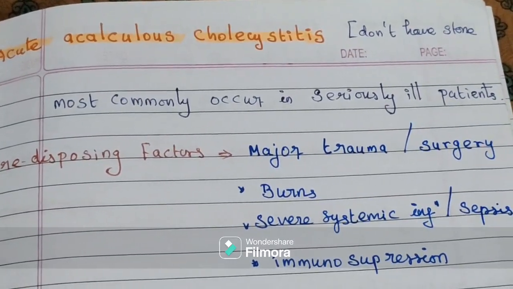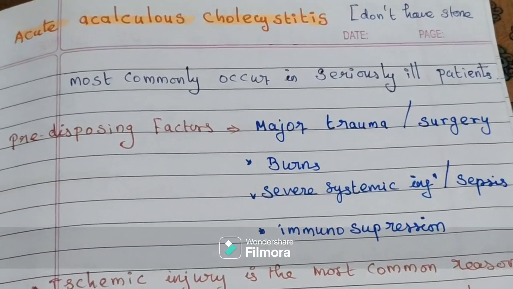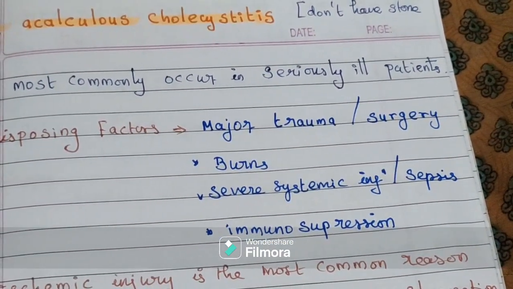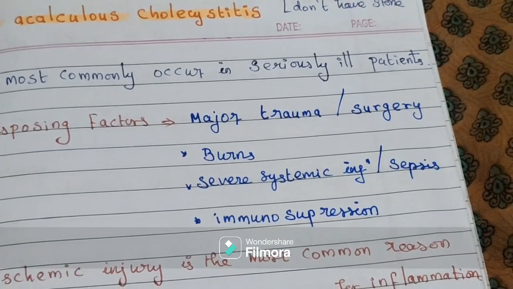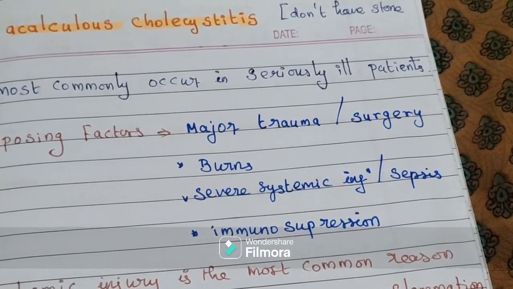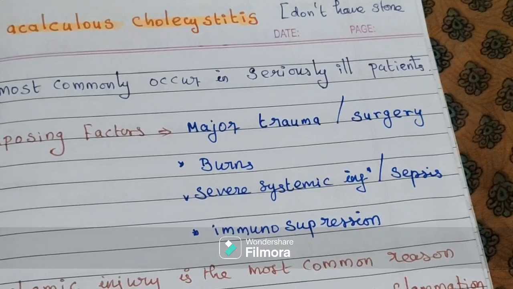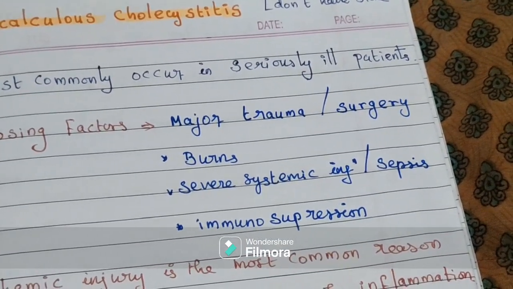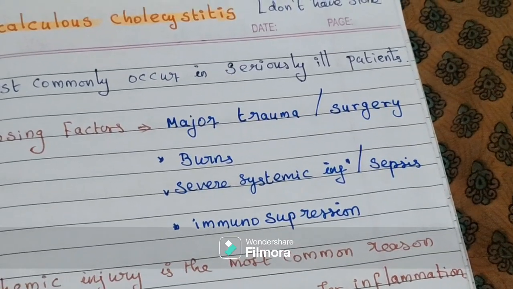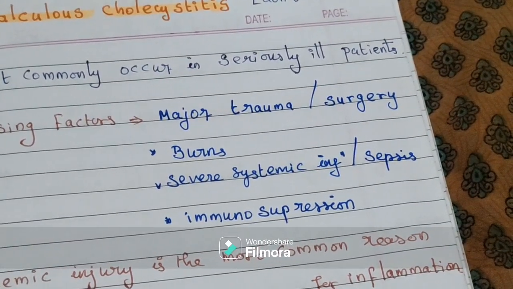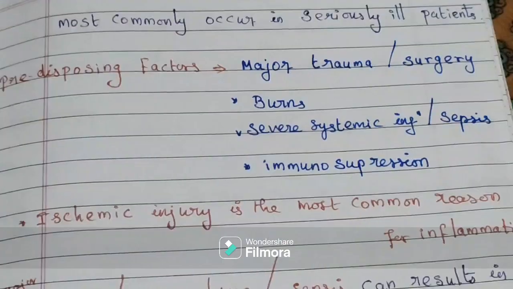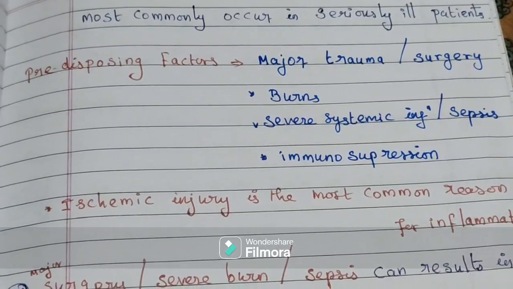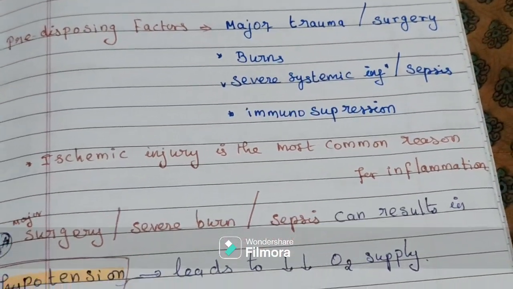The predisposing factors for the development of acute acalculous cholecystitis can be major trauma or major surgeries, severe burns, severe systemic infection or sepsis, and sometimes even immunosuppressed individuals.